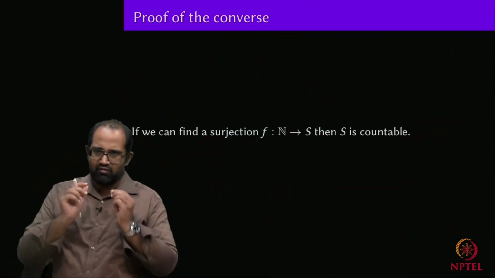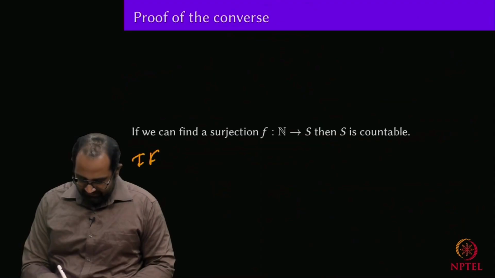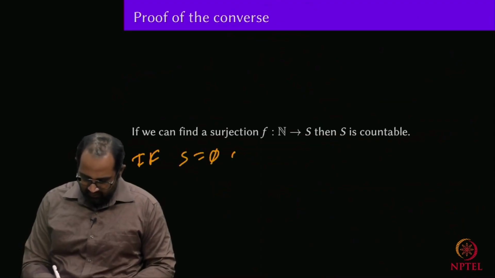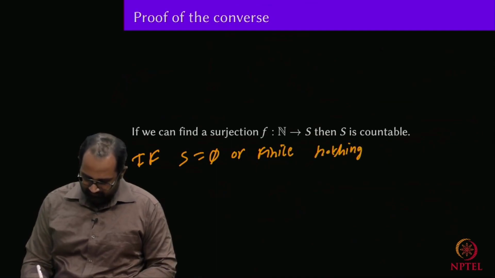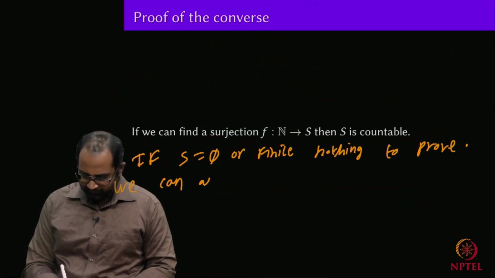So, a little bit of work, teeny weeny amount of work needs to be done. If S is empty or finite, well, nothing to prove. Well, it's countable. So, we can assume S is infinite.